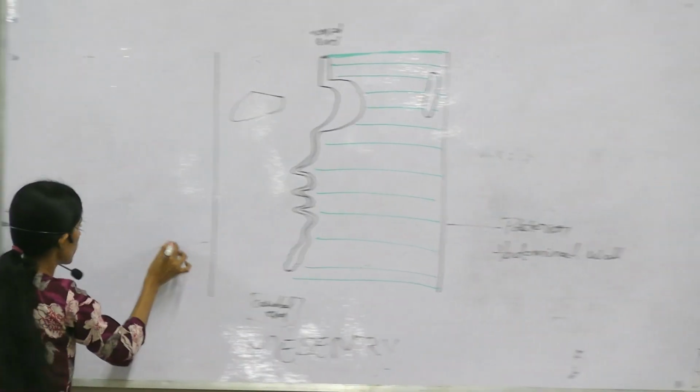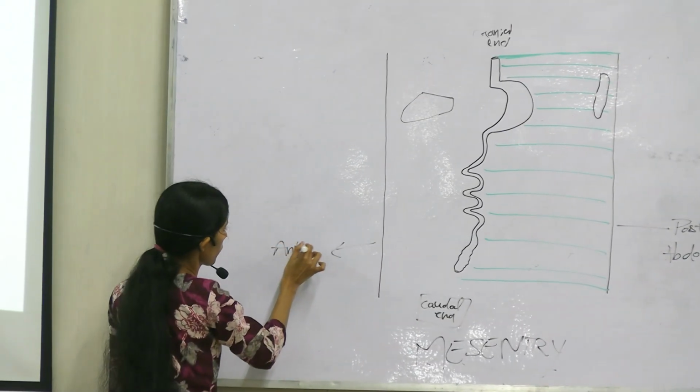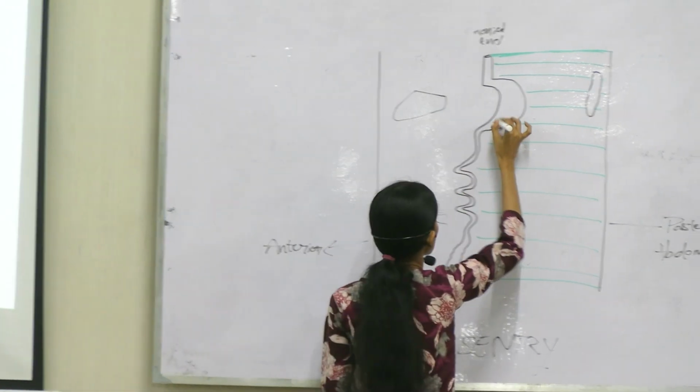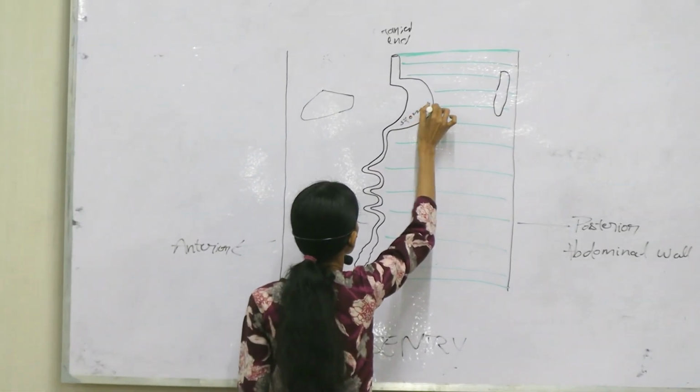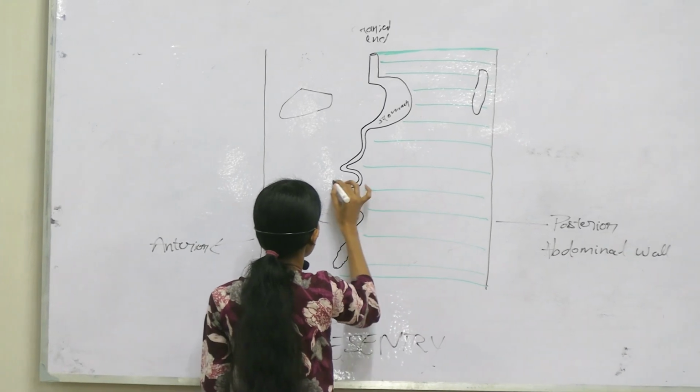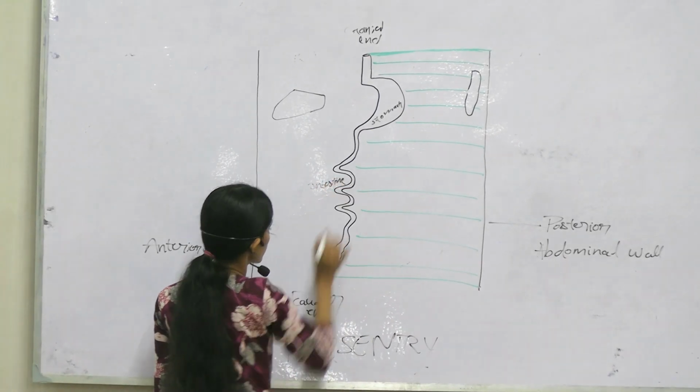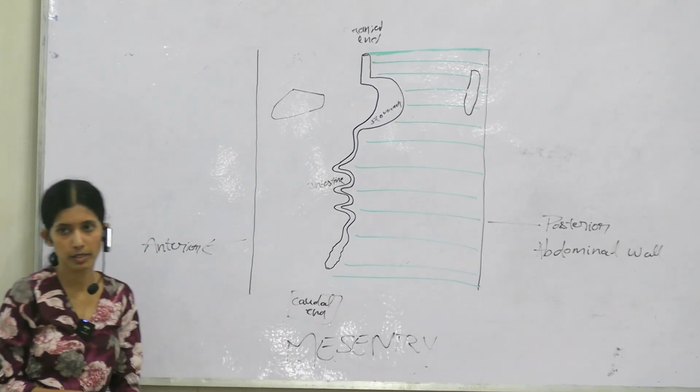So this is your anterior part. This is stomach. This is intestine part. And this is the caudal end.